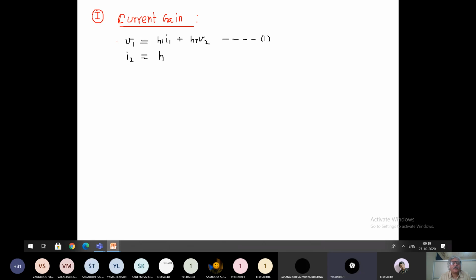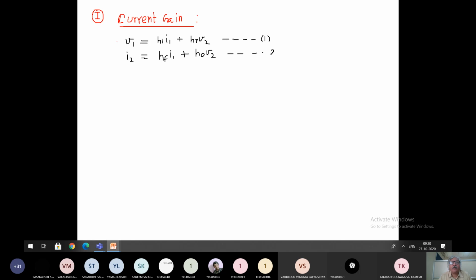Current source is hf, h21, hf i1, plus ho v2. Ho v2, right? This is our second equation.